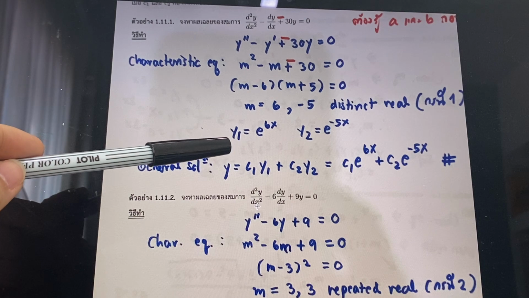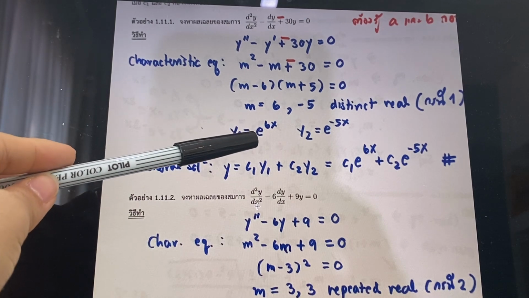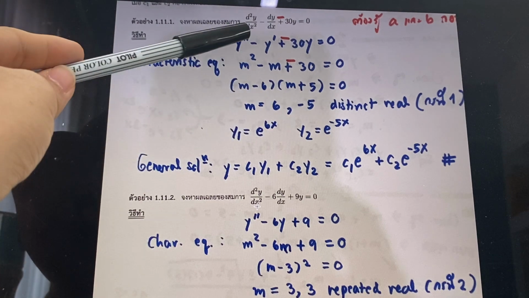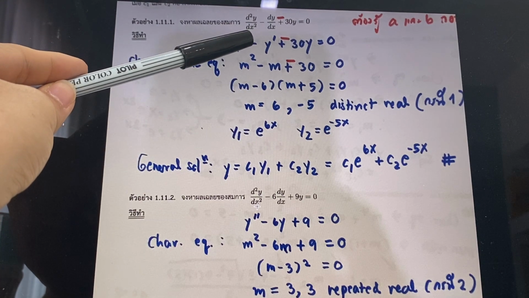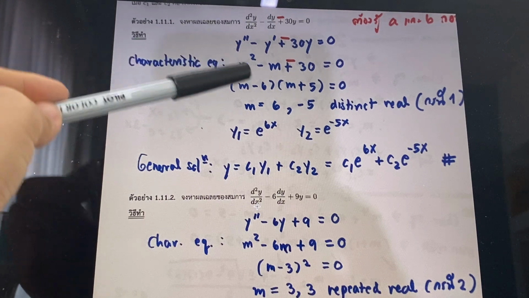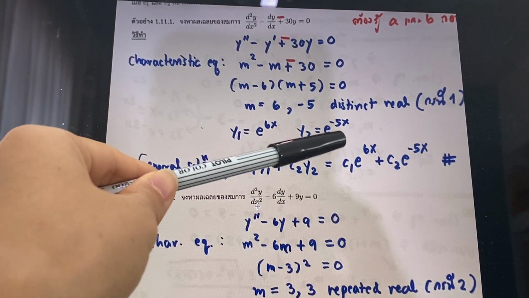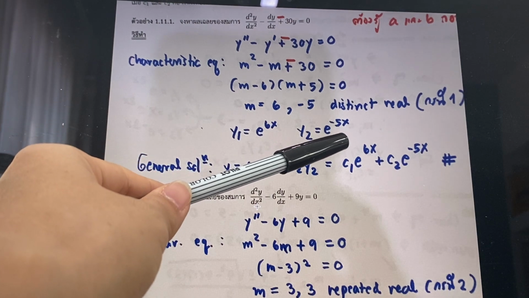So you get y1 equal to e to the r t, right? But right now, you see x, we don't have t anymore. X is the independent variable, so y1 is e to the 6x, and y2 equal to e to the negative 5x.